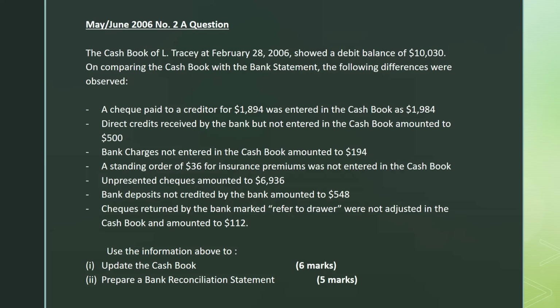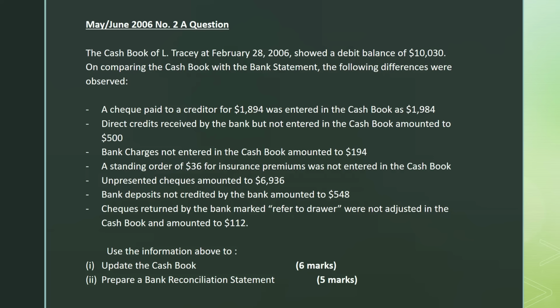Unpresented checks and late bank deposits go in a bank reconciliation statement. So the next one, bank deposits not credited by the bank. Would that go in the revised cash book? No, sir, that would be the late lodgement, right? So those two things will go in the bank reconciliation statement.